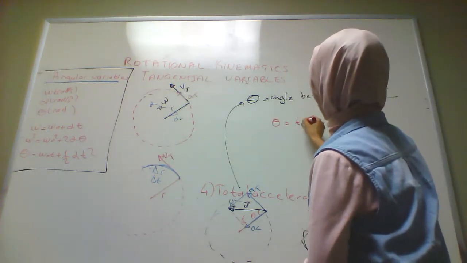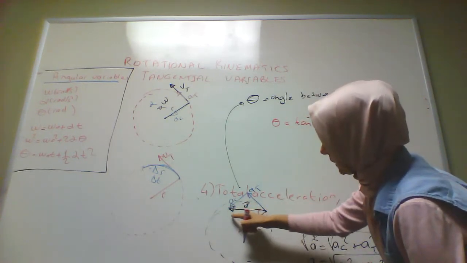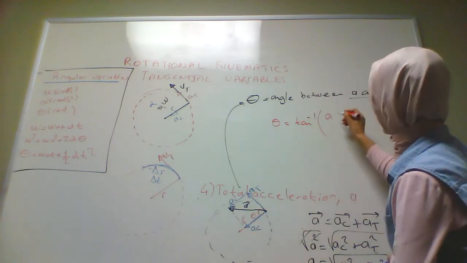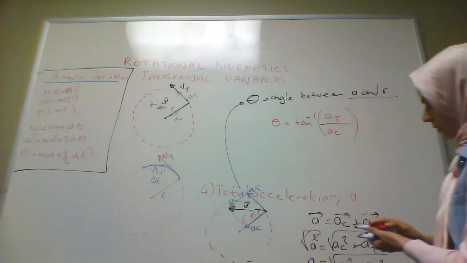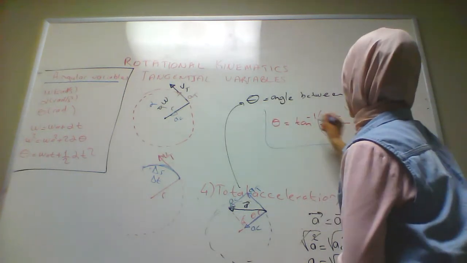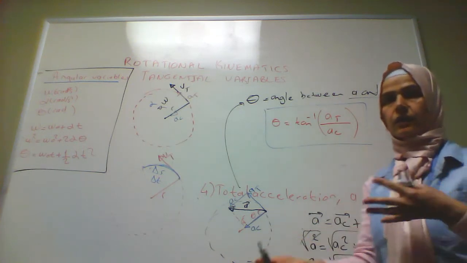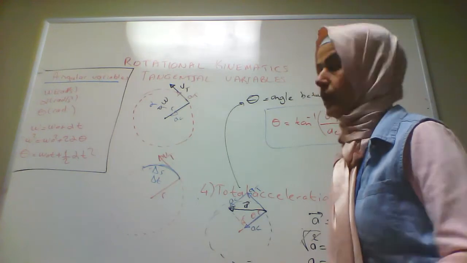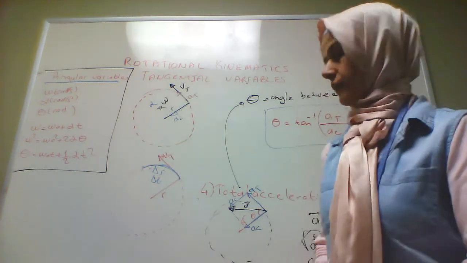Theta is equal to tangent inverse, and tangent will be opposite over adjacent. Opposite would be equal to AT, the tangential acceleration, divided by AC, the centripetal acceleration. If you are not comfortable with how to find an angle using tangent, you can also use sine and cosine, but we generally use tangent. Go back and check the math review part, so you can use it anywhere involving trigonometric functions.